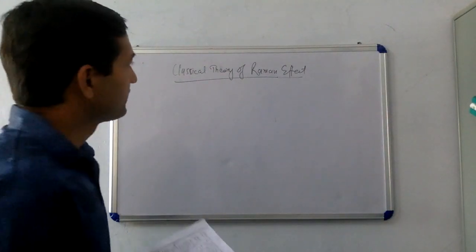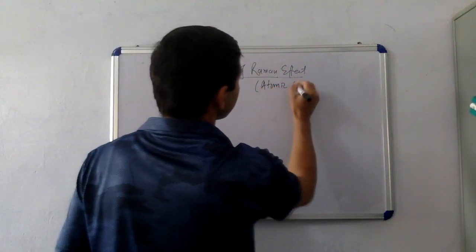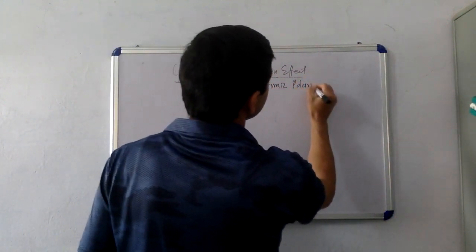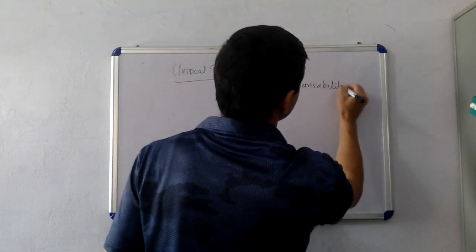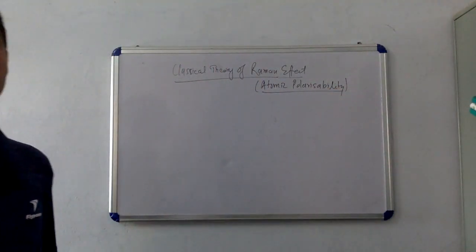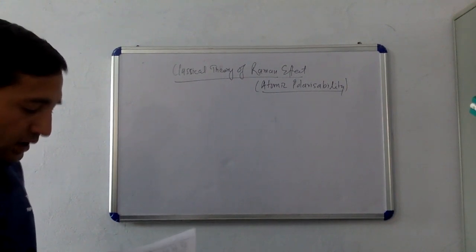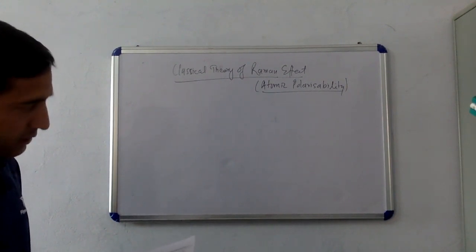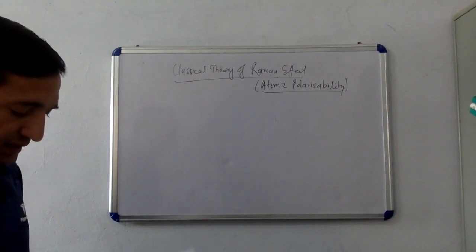This is based on atomic polarizability. Based on this atomic polarizability, we will explain how the Raman effect took place. The elementary idea of the Raman effect can be explained with the help of the classical theory.